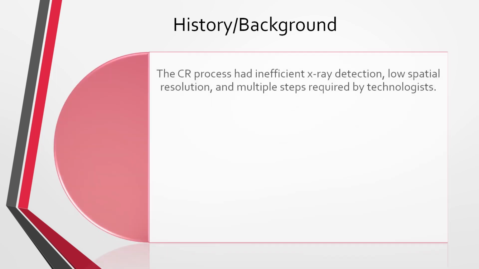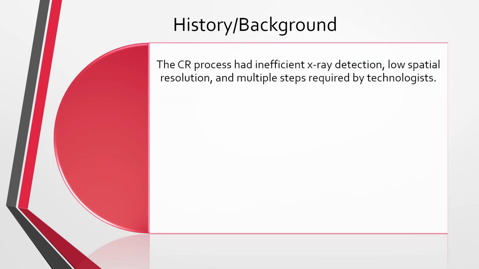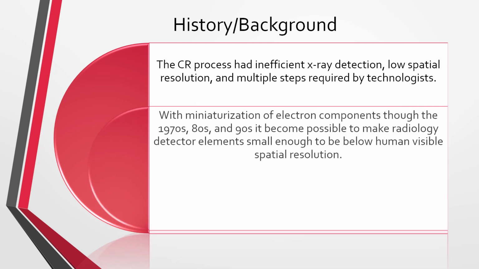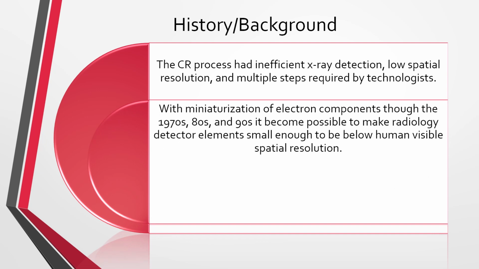Well, the CR process had inefficient X-ray detection, low spatial resolution, and multiple steps required by technologists. With miniaturization of electronic components through the 1970s, 80s, and 90s, it became possible to make radiology detector elements small enough to be below human visible spatial resolution.